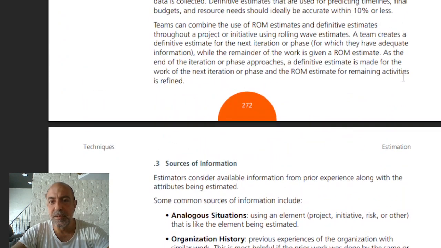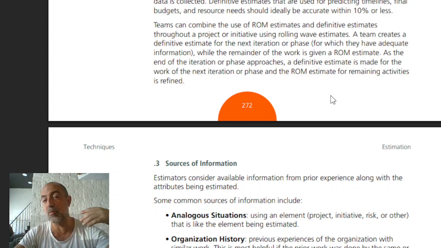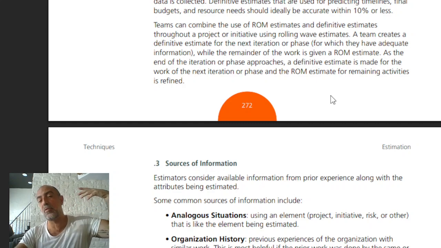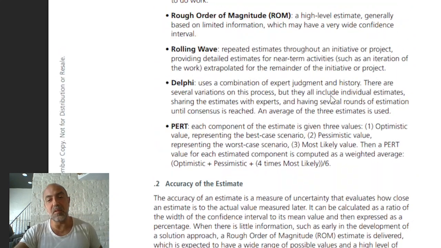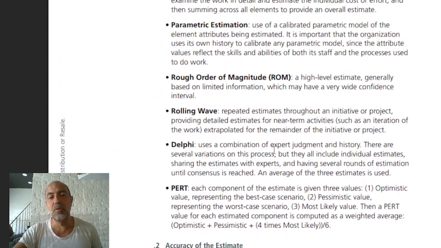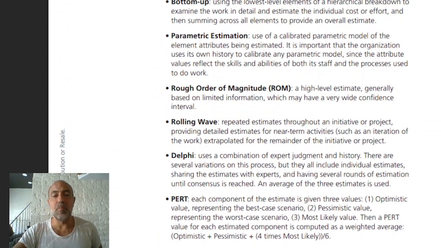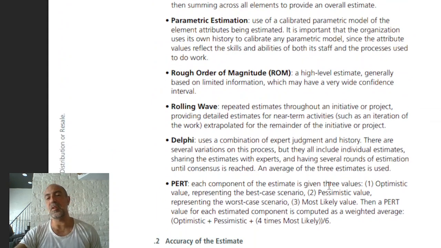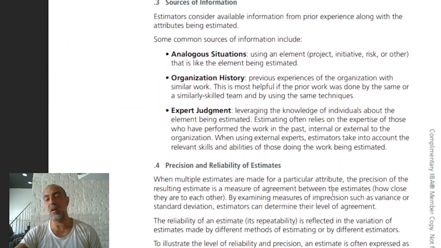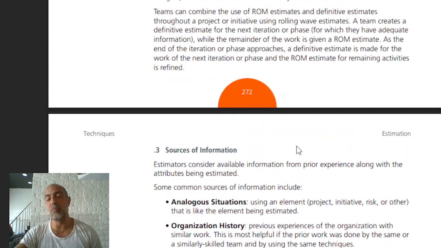All right. So in the next iteration phase, the ROM estimate for the remaining activities is defined. We're talking about how teams would say, okay, from now till the next 3 months, we have to finalize something. So we estimate on a weekly basis through the wave structure. We decide the first estimate through research and maybe PERT, or a bottom-up or top-down or parametric estimation where we look at the parameters.